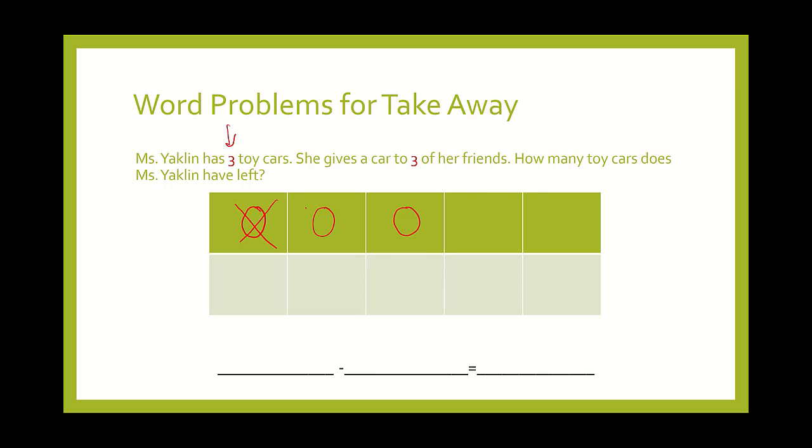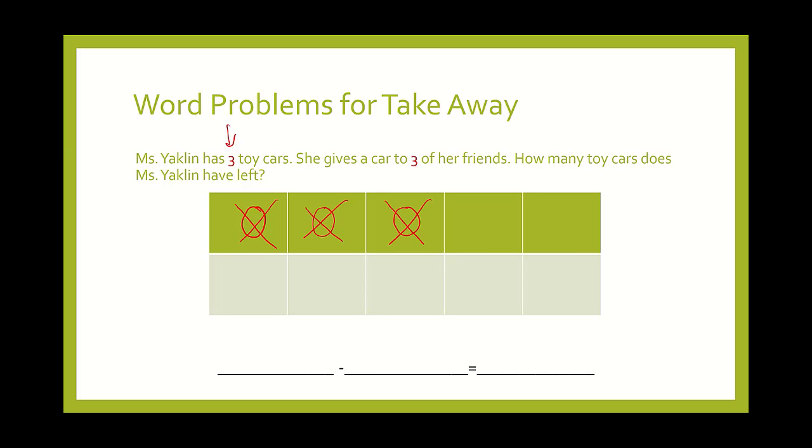1, 2, 3. You might be thinking, oh, well, Miss Yaklin, you crossed out all the circles. What does that mean for how many are left over? Well, let's think about it. What happens when we give all of our things away? If I brought apples for everyone in class and I gave you all an apple, how many would I have left?